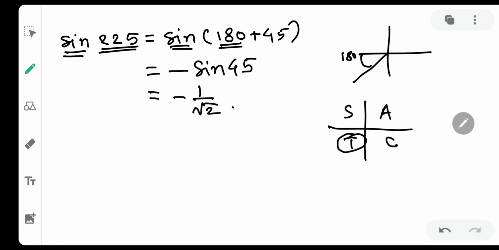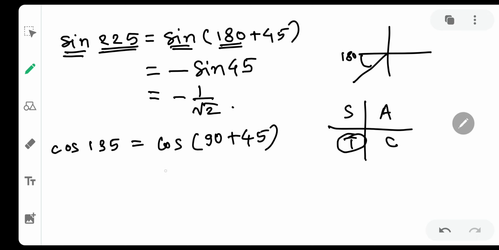Let us try one more. If I say cos of 135 degrees, so this is very close to 90 plus 45. Now 135 or 90 plus 45 simply lies in the second quadrant. Now in the second quadrant, as we see A, S, T, C, so this S, that means in the second quadrant only sine and cosec are positive.